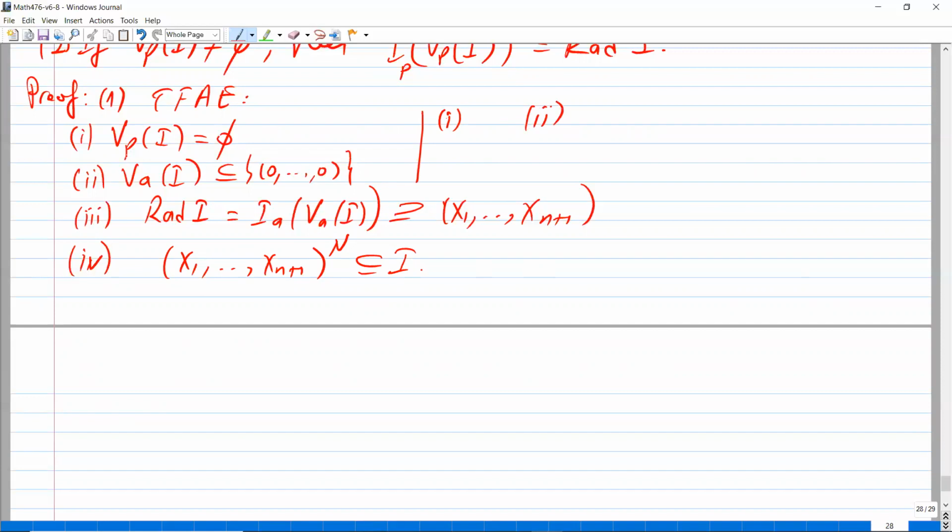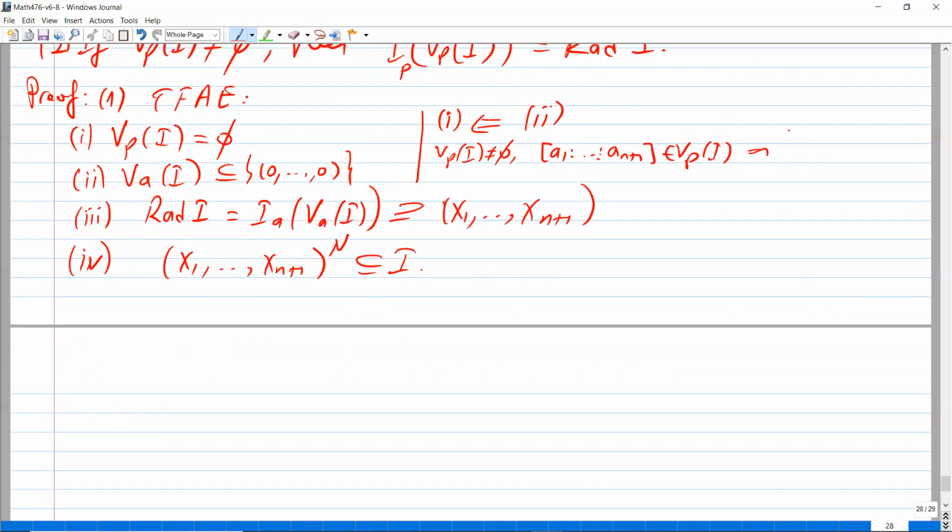So for instance, if VPI is not empty, that means we have a point, then it contains a point (A1, ..., An+1) in VPI.